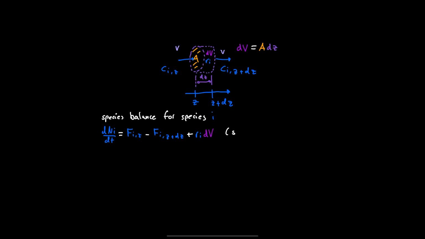So for the plug flow reactor, we assume steady state. So that means that the change of species I with respect to time is going to be equal to 0. And if we consider that the molar flow rate of a species I is equal to the volumetric flow rate V times the concentration of the species I, and considering steady state, the left side of our equation is going to be 0.